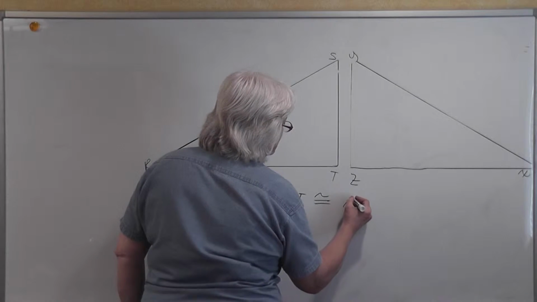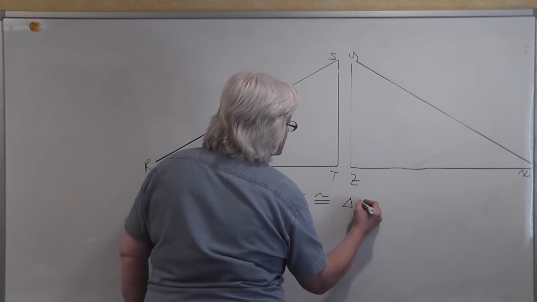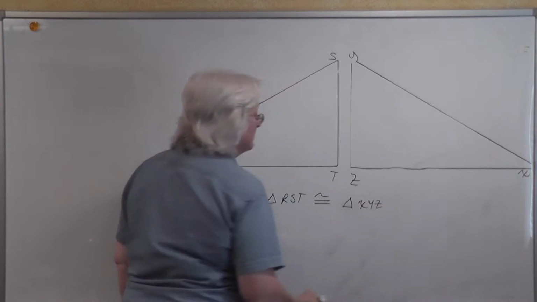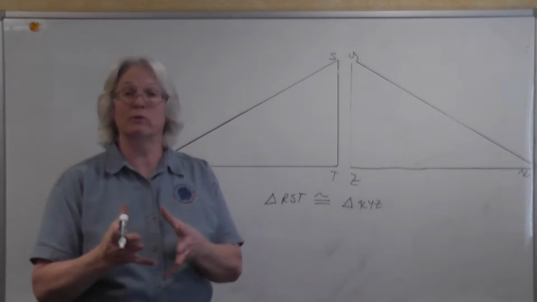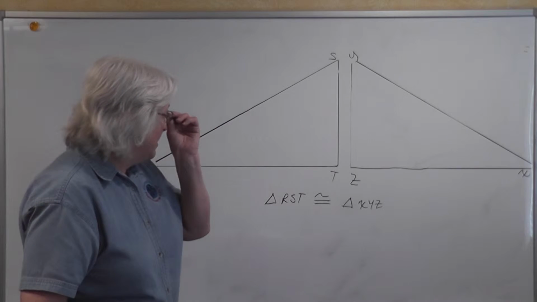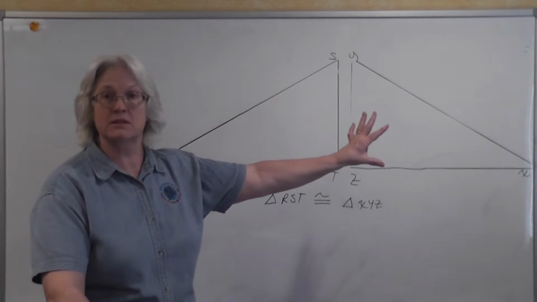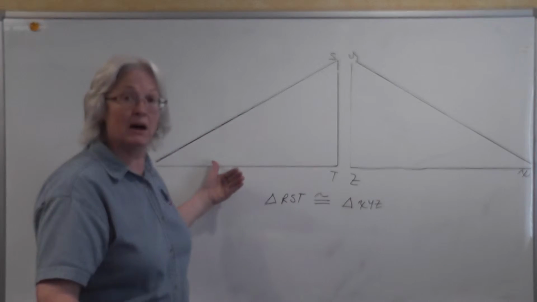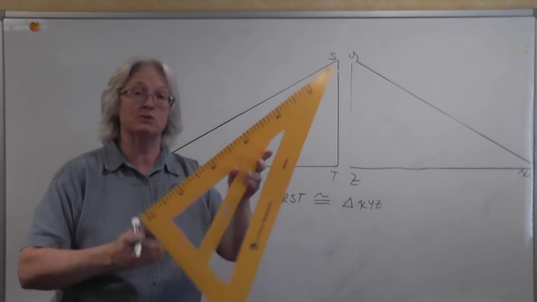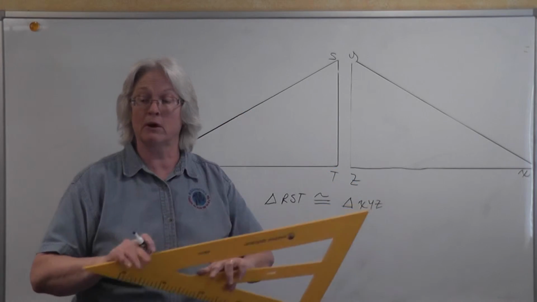At least on the first two triangles we had, they looked the same, but this is triangle X, Y, Z. But I'm saying it's congruent, and what does it mean when two triangles are congruent? It means that they have the same size and the same shape. Same size, same shape, because I drew both of these triangles using this pattern right here.